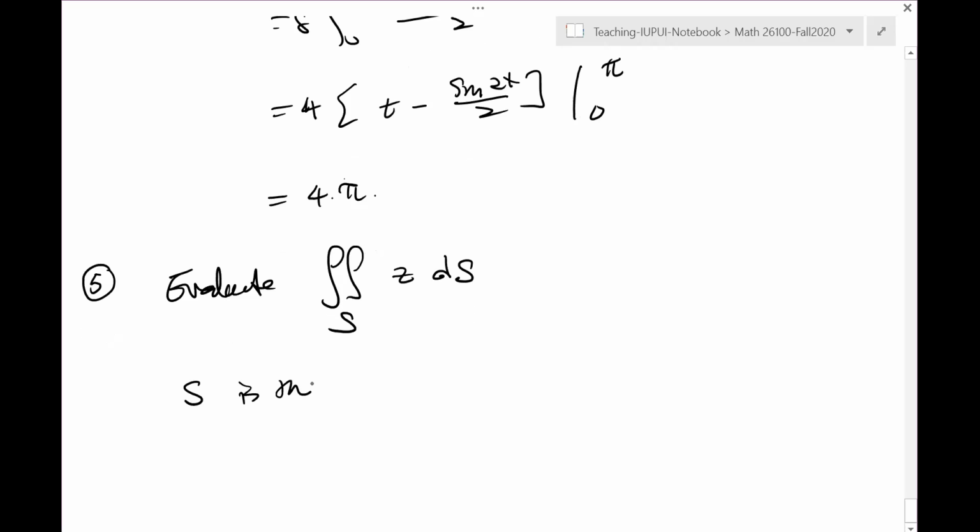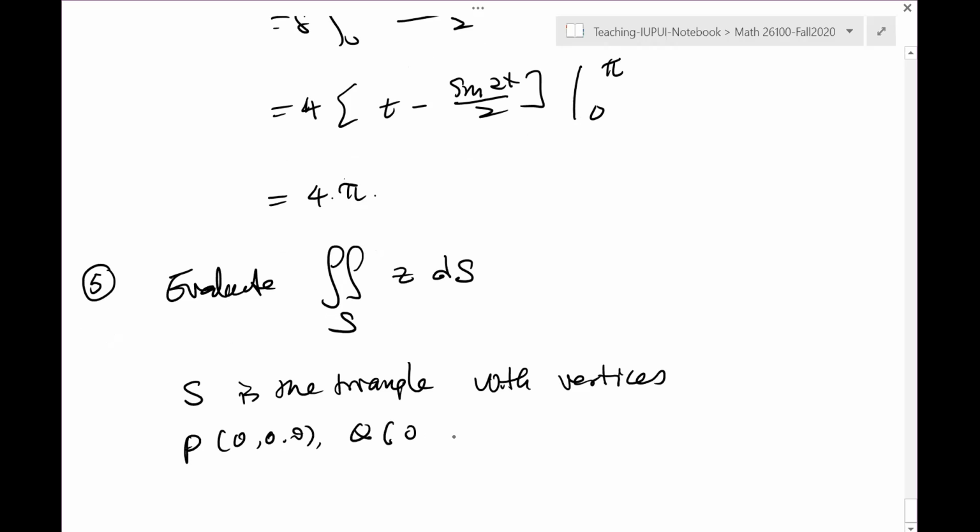S is the triangle in space with vertices 0, 0, 0, that's P; Q is 0, 3, 0; and R is 1, 1, 1. Okay.